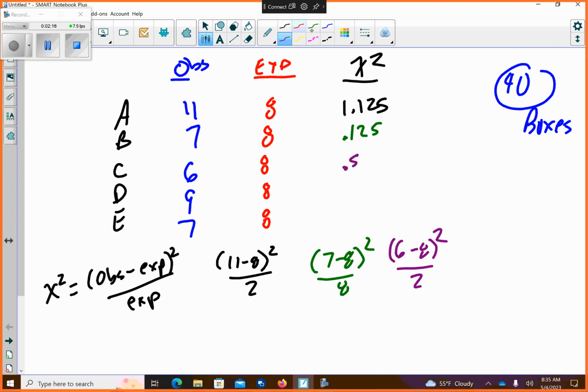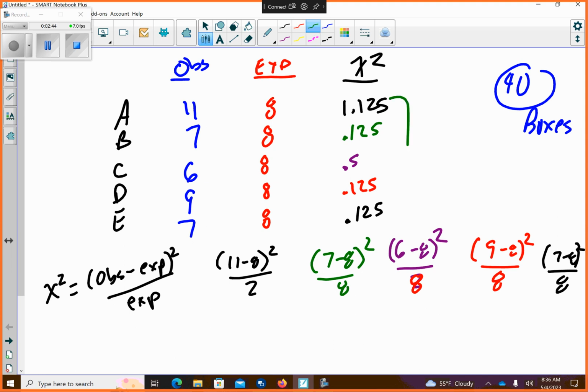And then 9 minus 8 quantity squared divided by 8, sorry, that should have been 8 right there, would have given me 0.125. And the last one, 7 minus 8 quantity squared divided by 8, gives me 0.125.